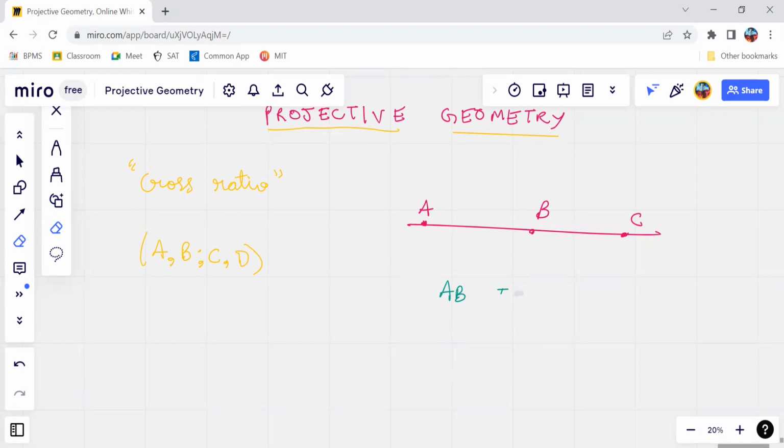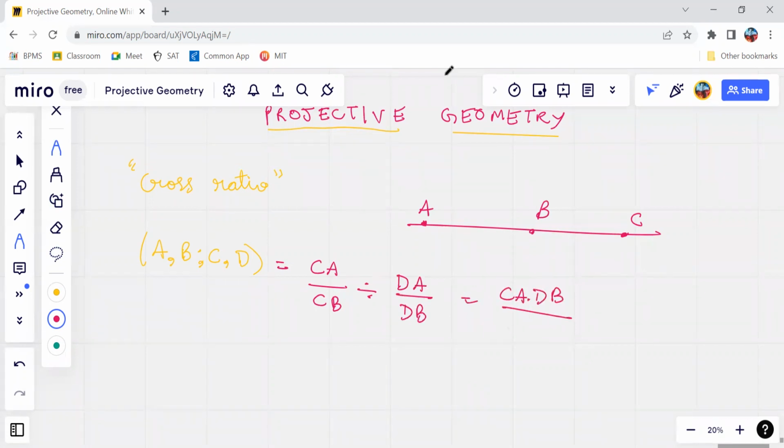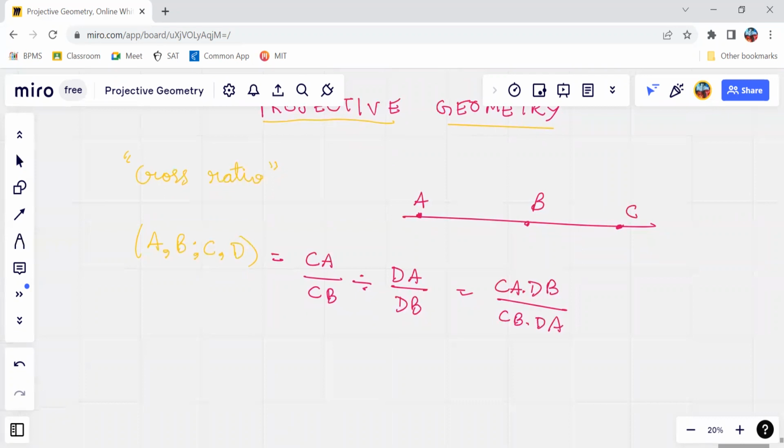So the value of this cross ratio, which is written like this, is equal to CA by CB divided by DA by DB. So it's CA times DB over CB times DA. So that's what a cross ratio is.